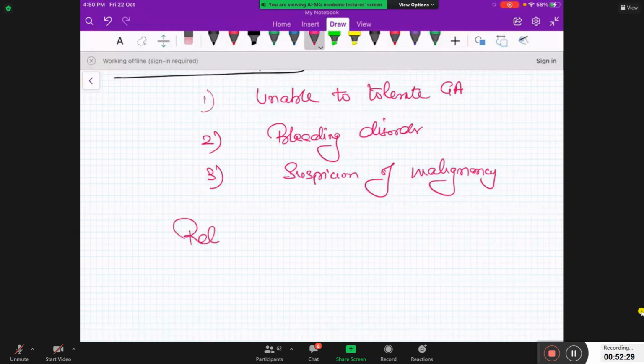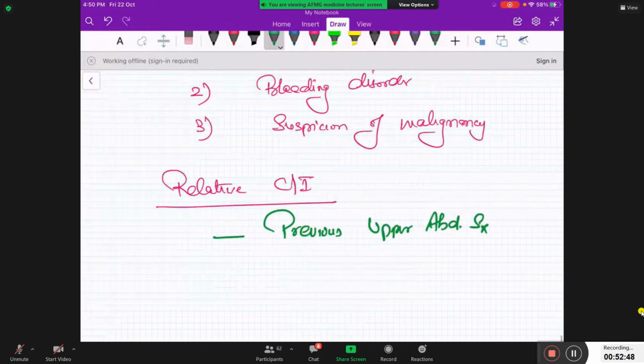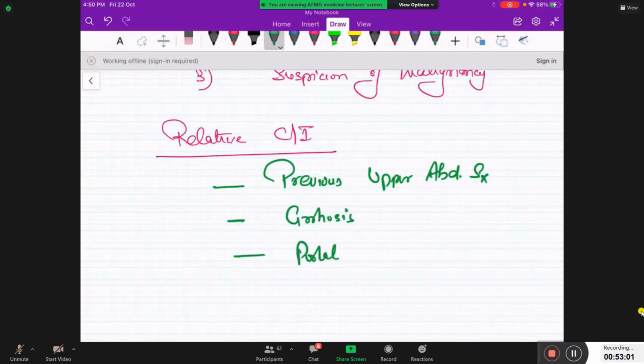The relative contraindications are previous upper abdominal surgery, cirrhosis, portal hypertension, and COPD.